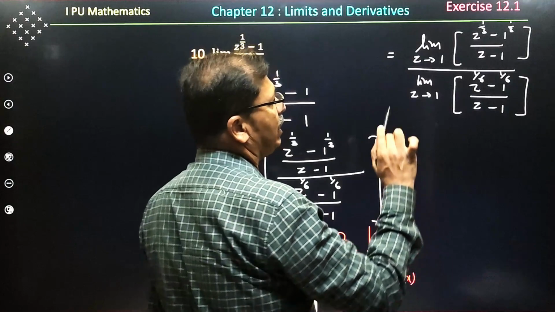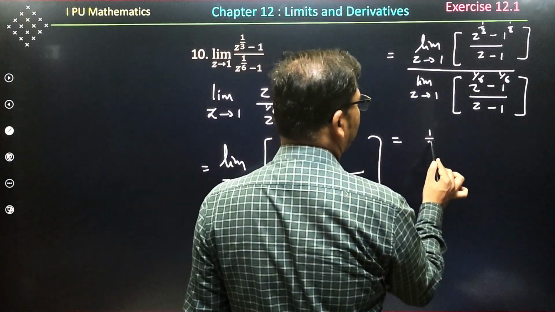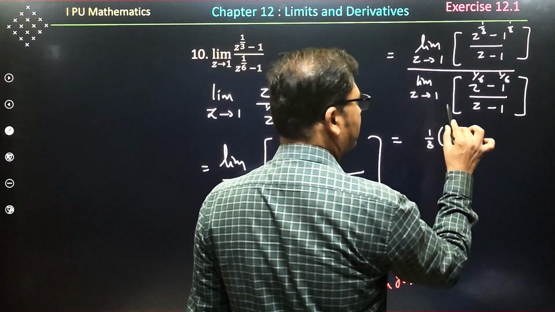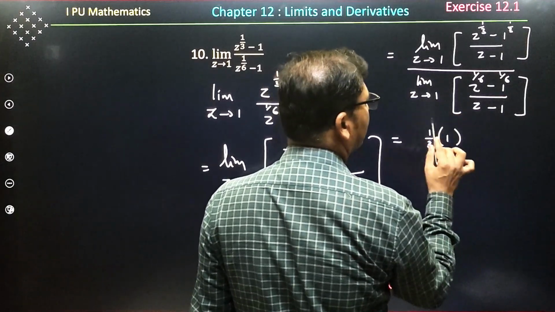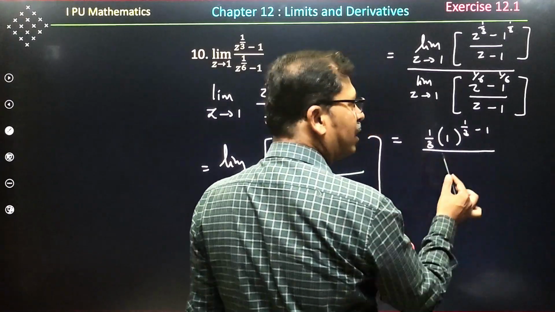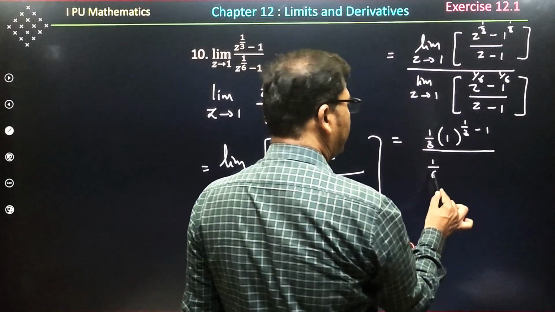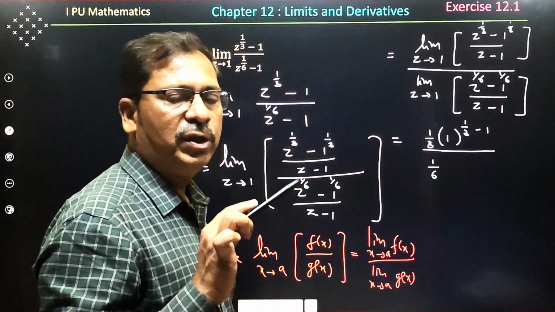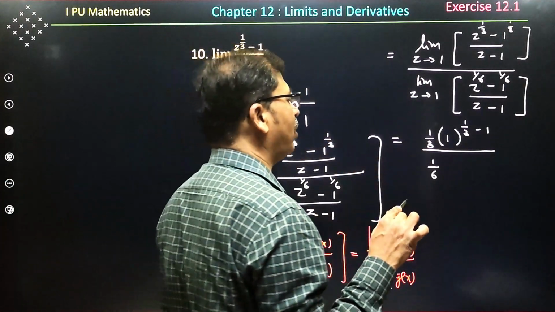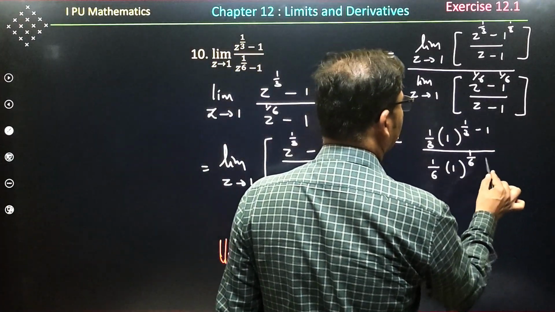Now it is converted into the standard form, n a to the power n minus 1. In place of n, 1 by 3; a means 1, to the power n minus 1, 1 by 3 minus 1, divided by, here the power is n, 1 by 6. In place of n, 1 by 6 is there. A is 1 to the power n minus 1, that is 1 by 6 minus 1 here.